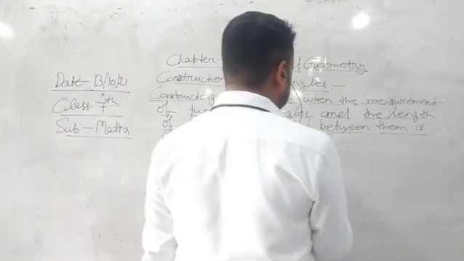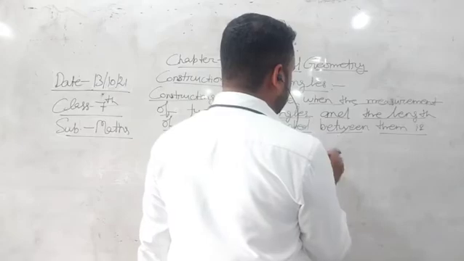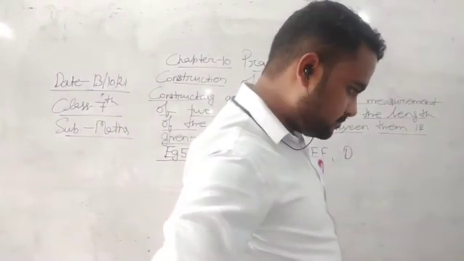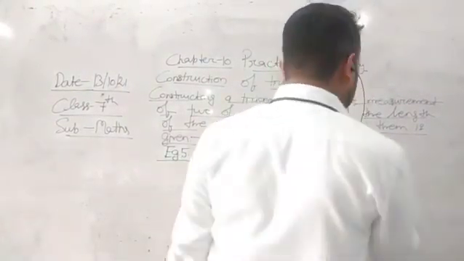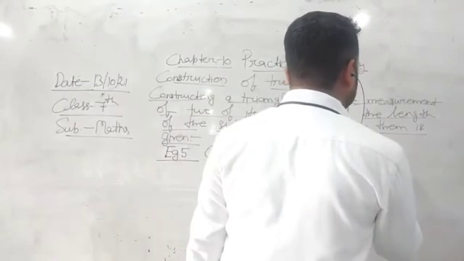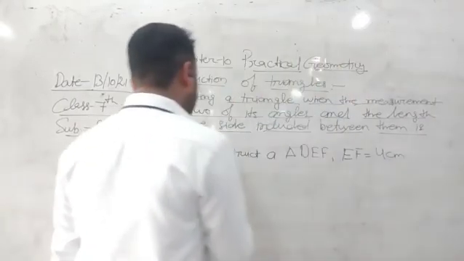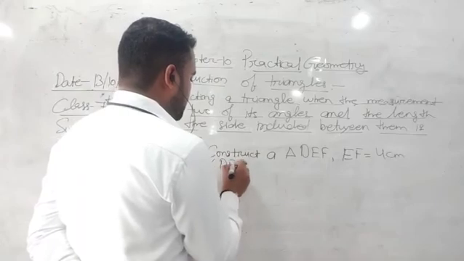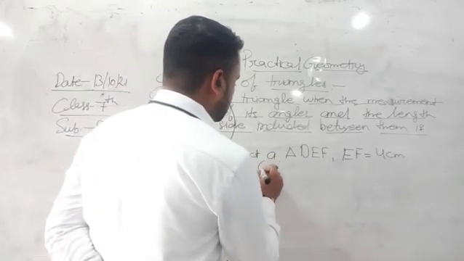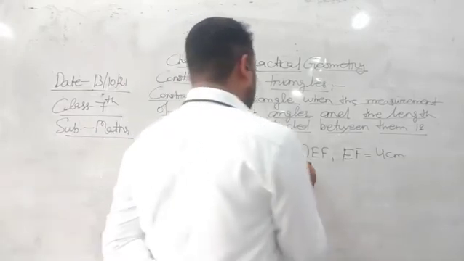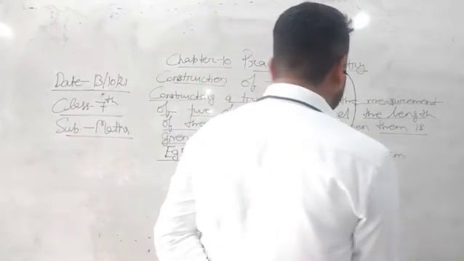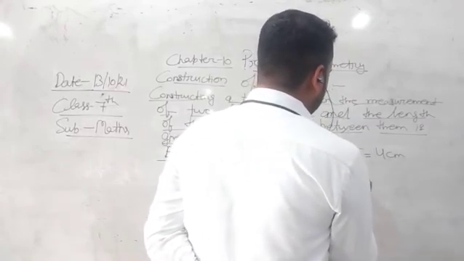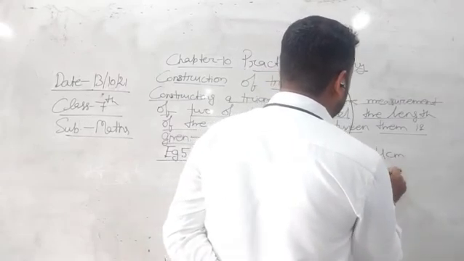Construct a triangle DEF in which EF is 4 centimeter and angle DEF is 60 degree and angle DFE is 30 degree.